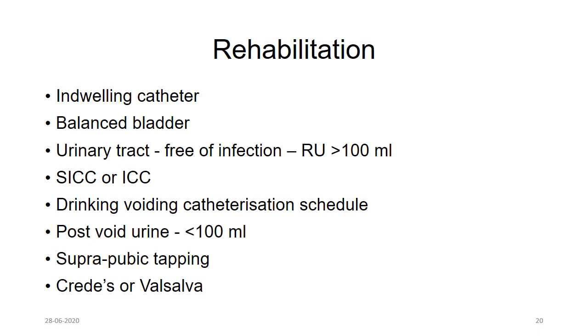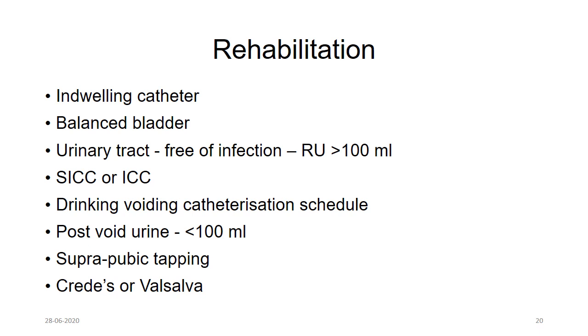Now moving to rehabilitation of spinal cord injury. Most probably the patient will be having an indwelling catheter when the patient comes first at 3 months after injury. Our aim of rehabilitation is to get a balanced bladder, that is a bladder with low pressure and normal continence, with only minimal infections and no upper tract complications.